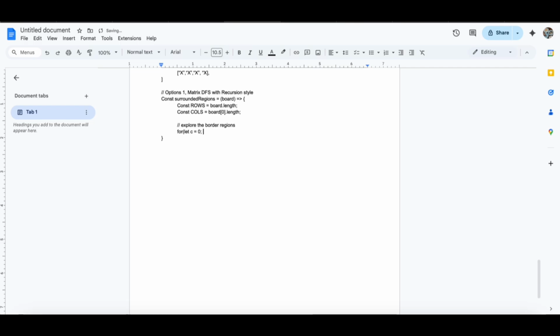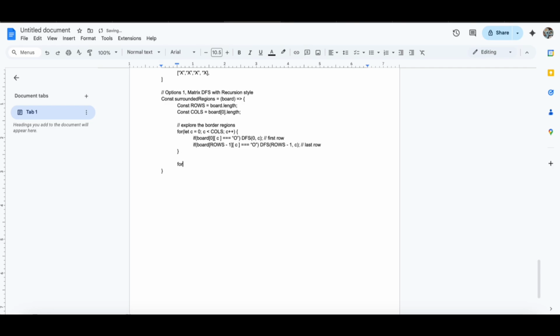For let c is 0, c is smaller than cols, c plus plus. So we check if board first row and c is a region, we do DFS first row, then the column. Then if board last row, which is rows minus 1, and column, if it's a region, we do DFS rows minus 1, c, last row.